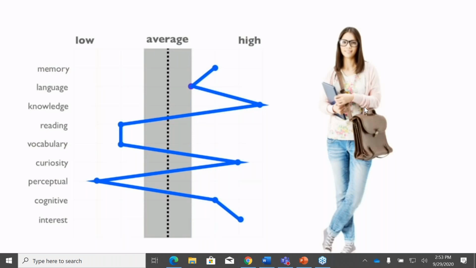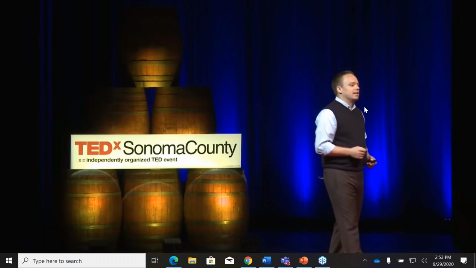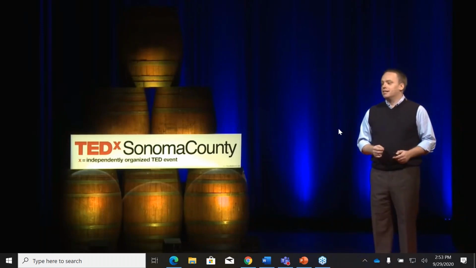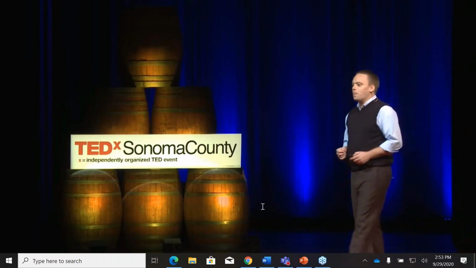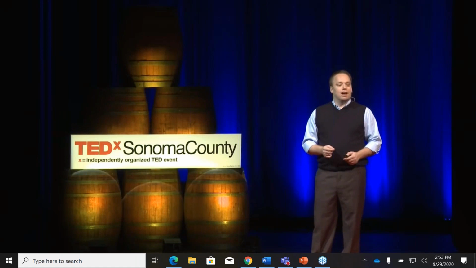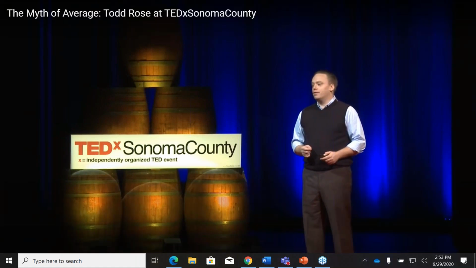Meaning they have strengths, they're average at some things, and they have weaknesses. We all do. Even geniuses have weaknesses. But if the fighter pilot example has taught us anything, it's this. If you design those learning environments on average, odds are you designed them for nobody.